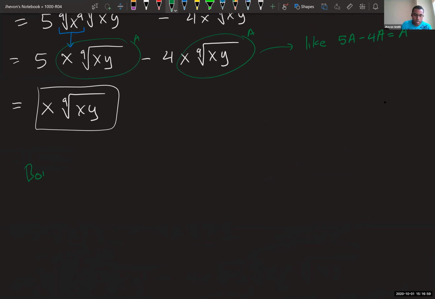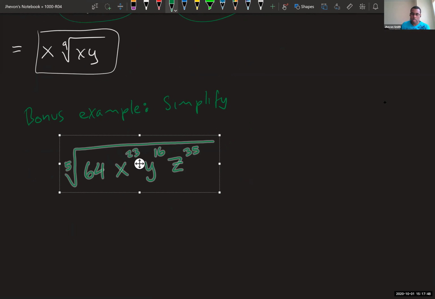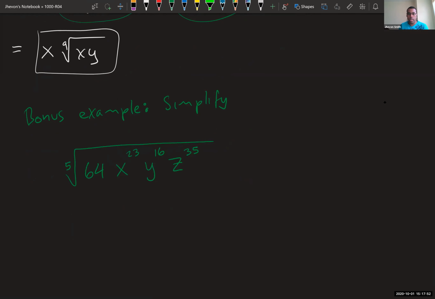Let's do a bonus example here. Let's say I wanted to do something like, if I say to simplify that, how would you do it now?